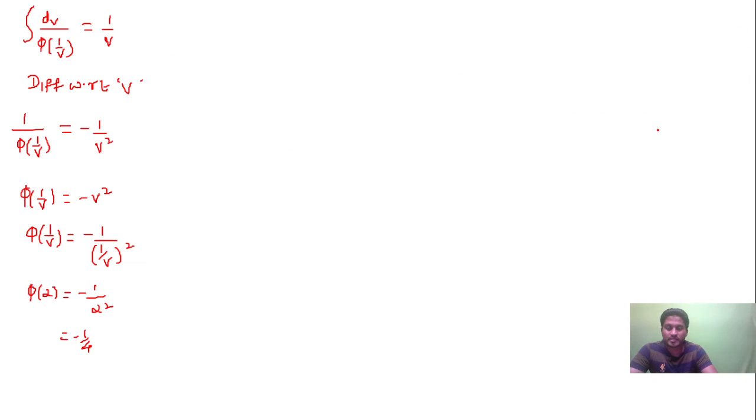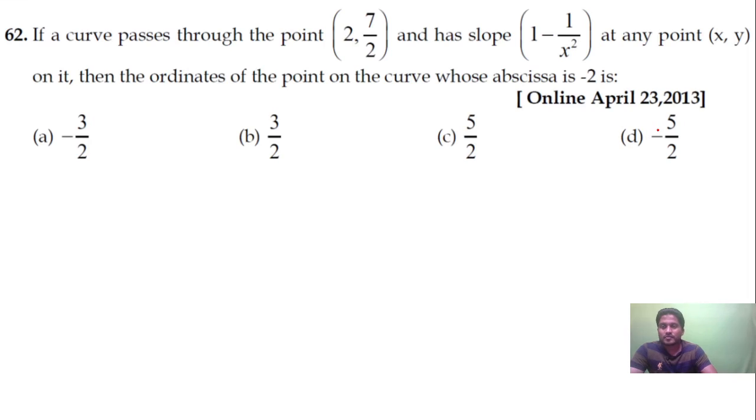Okay, let's move to the next question. The curve passes through the point 2 comma 7 upon 2, and the slope is given by dy by dx is equal to 1 minus 1 by x square. If I cross multiply, dy is equal to 1 minus 1 by x square, then dx.